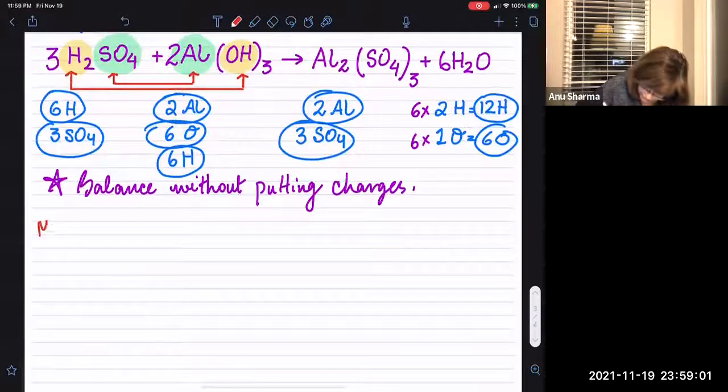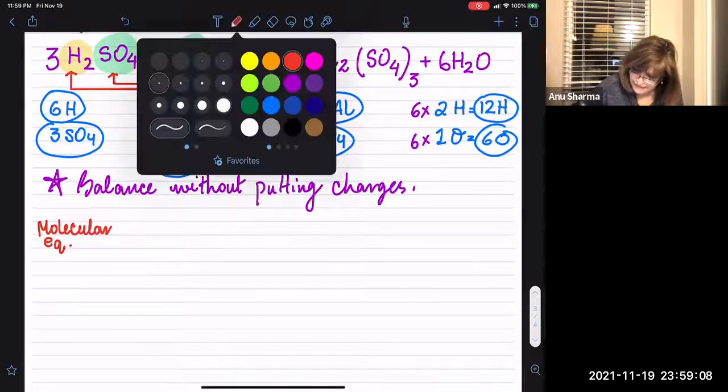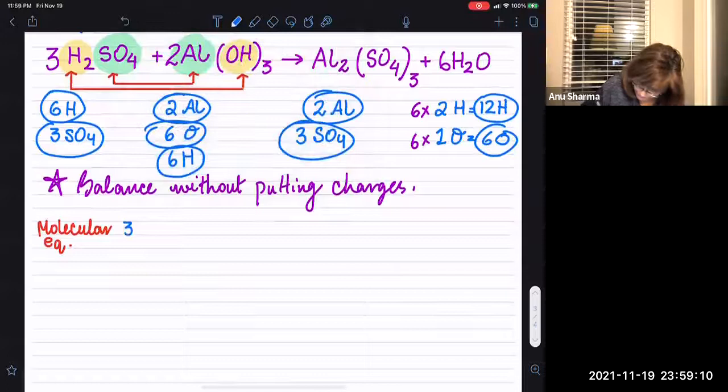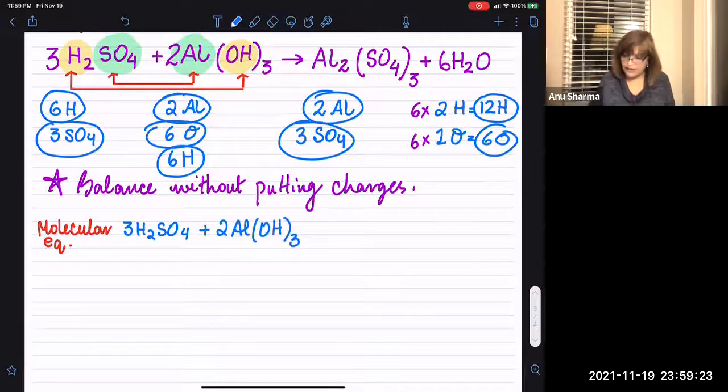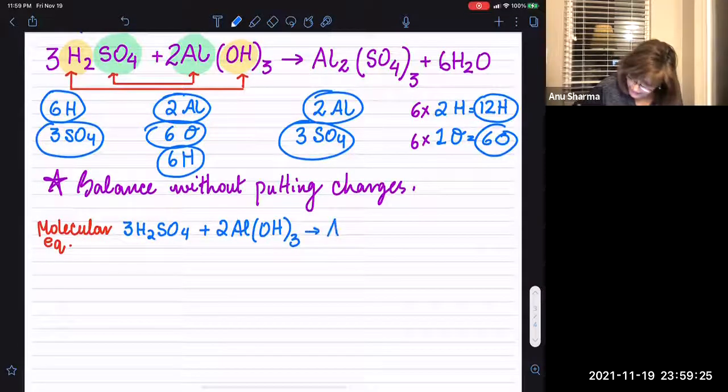So molecular equation now is 3H2SO4 plus 2Al(OH)3, and this gives you Al2(SO4)3 plus 6H2O.